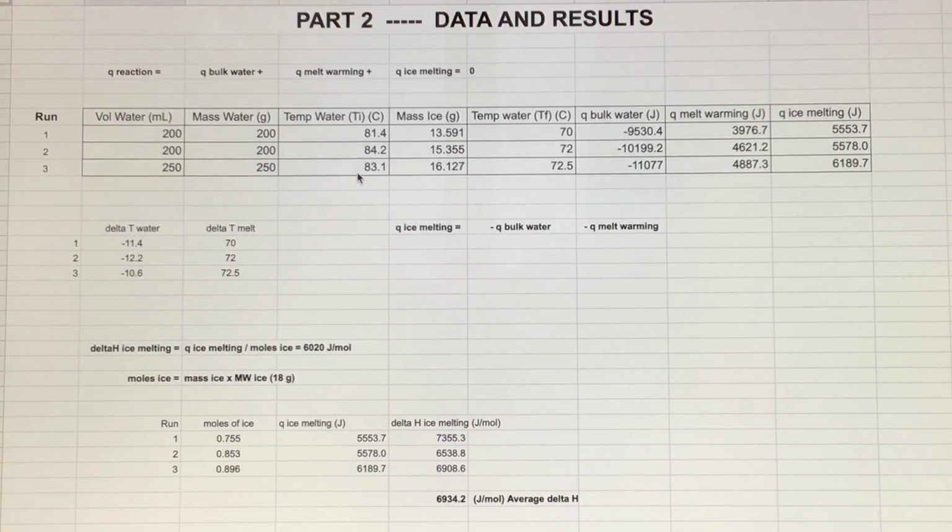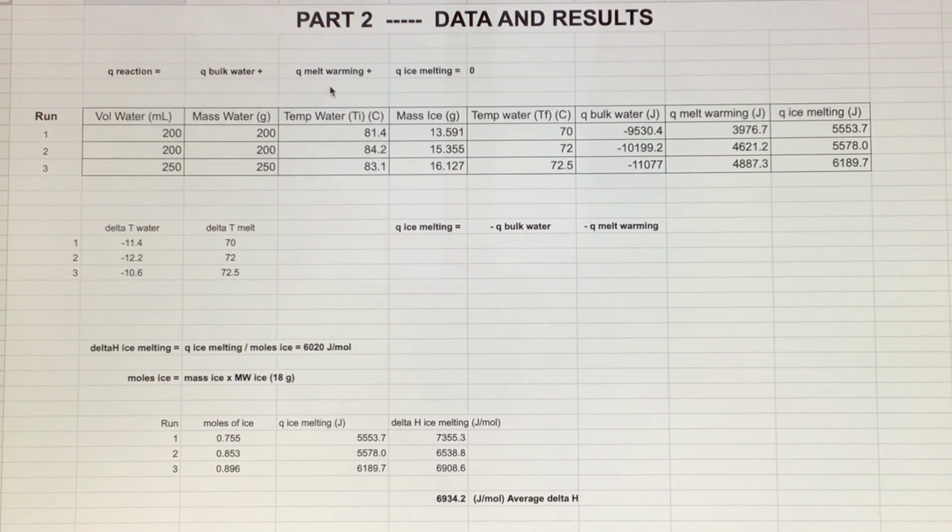So, as I said while I was performing the experiment, in this case the Q reaction, which should be 0 at the end, is given by the sum of three individual processes. The first is the Q bulk water, which is the heat released by the hot water due to the introduction of the ice cube and its melting.